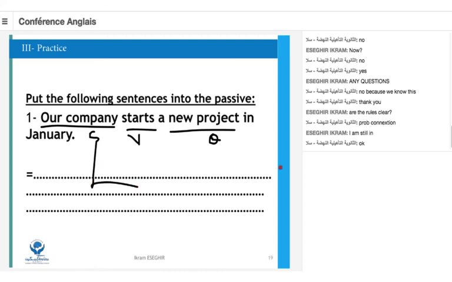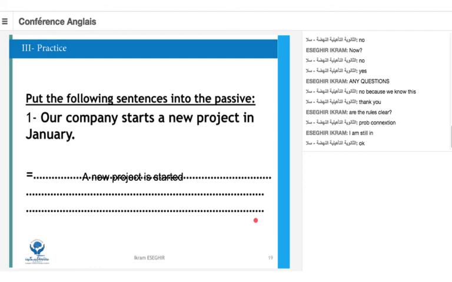So, we are going to change the sentence into the passive, and it gives: a new project is started by our company in January. That's fine?